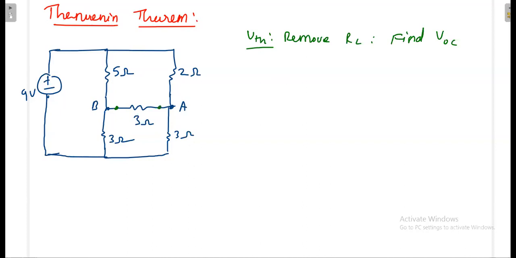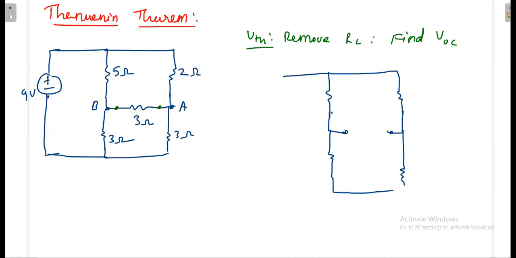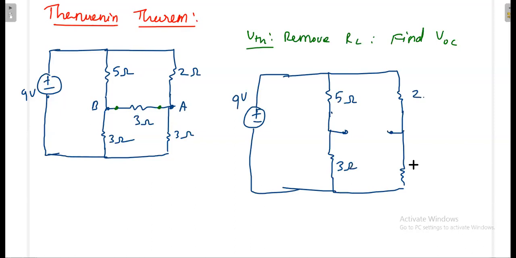Once you remove this, the structure becomes like this. After removing the load resistance RL, you can apply the voltage division very easily. This is 5 ohm, this is 3 ohm, this is 2 ohm, this is 2 ohm.